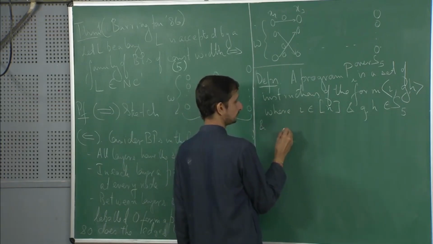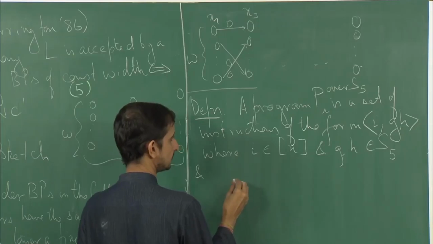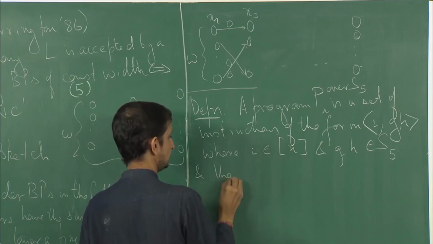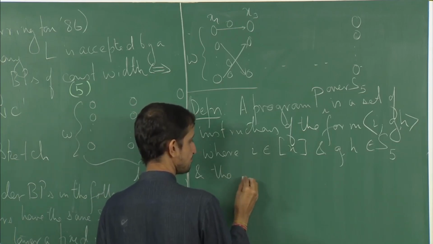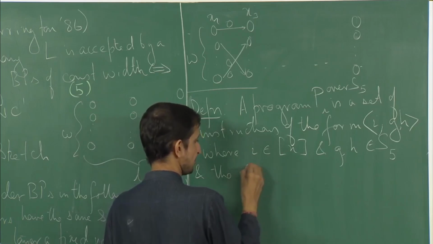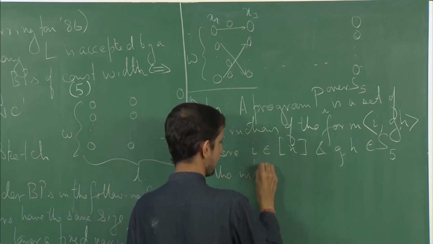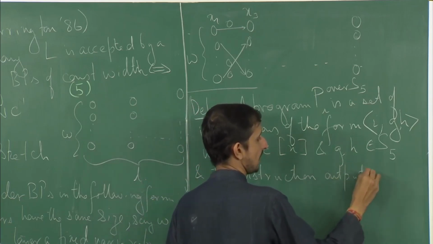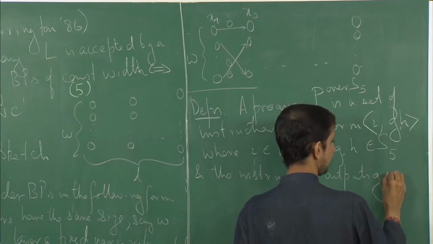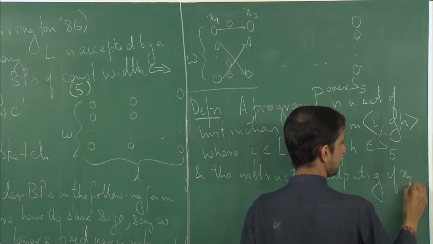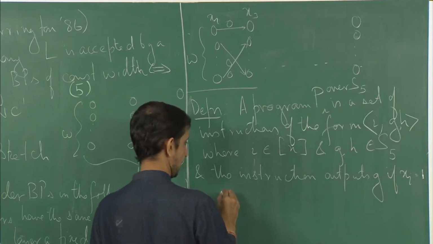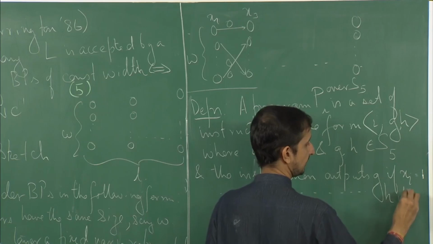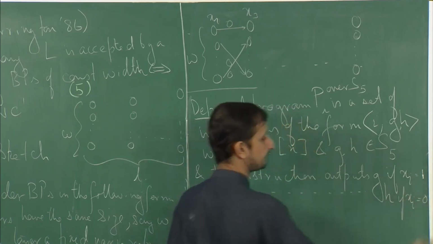the instruction outputs G if Xi is 1 and it outputs H if Xi is 0.